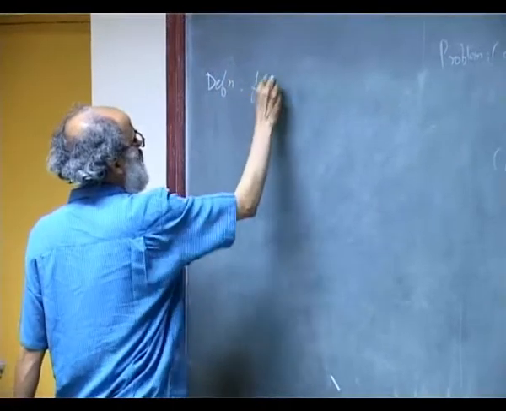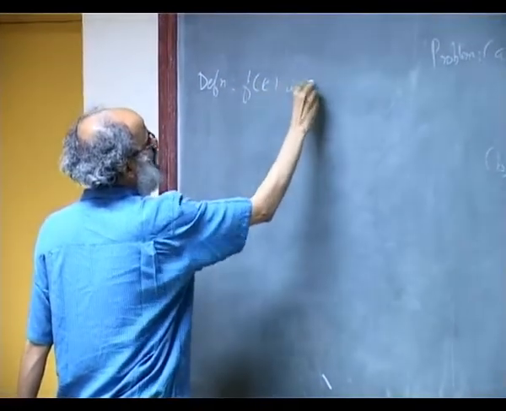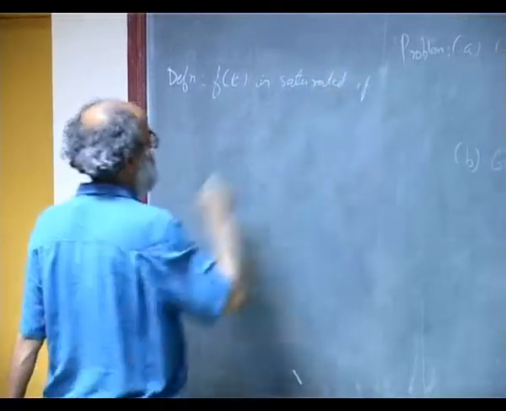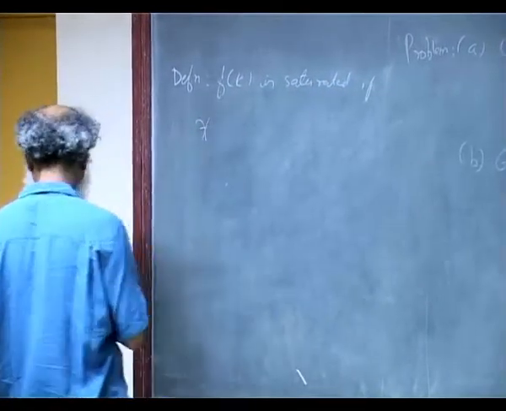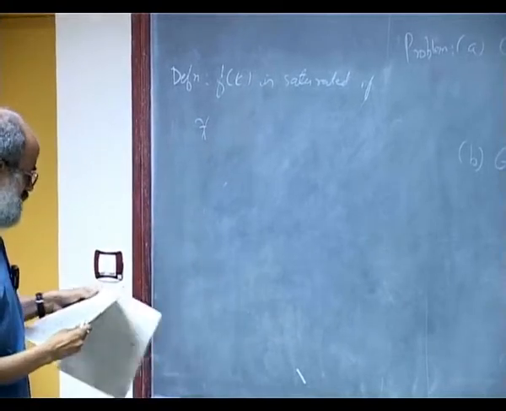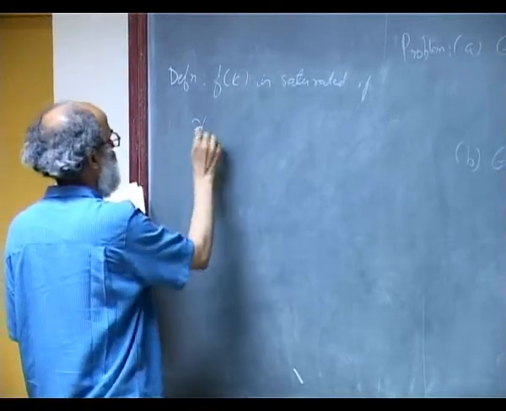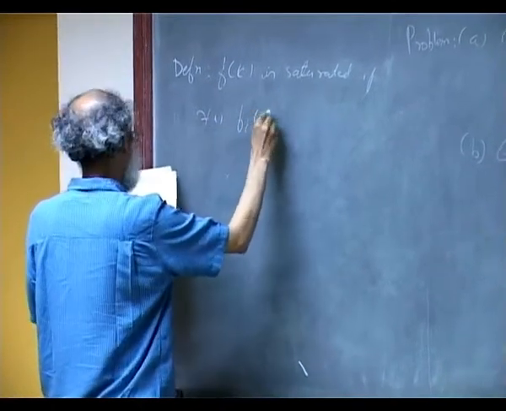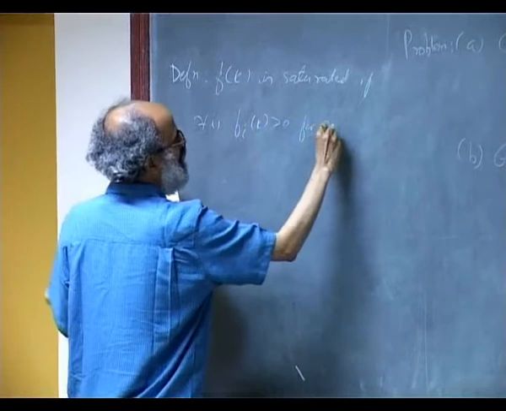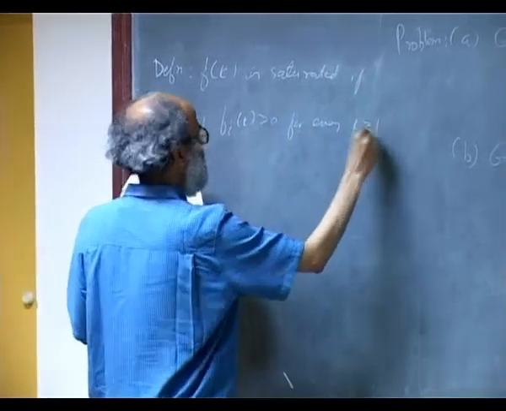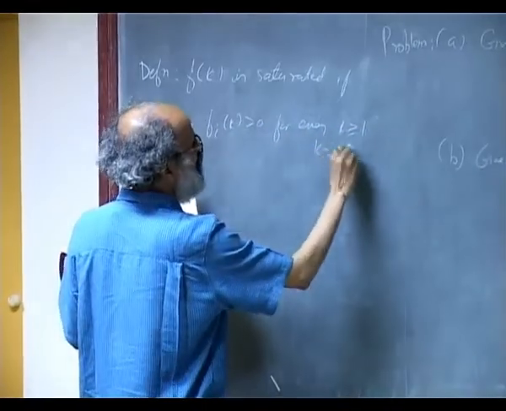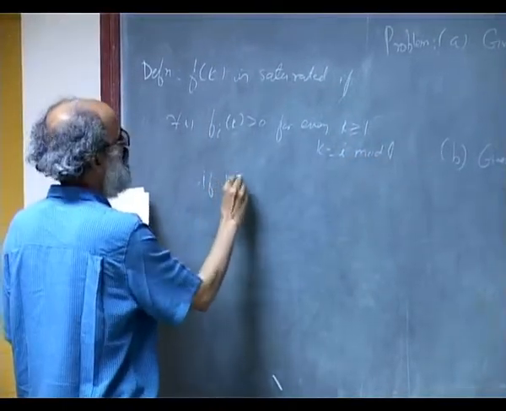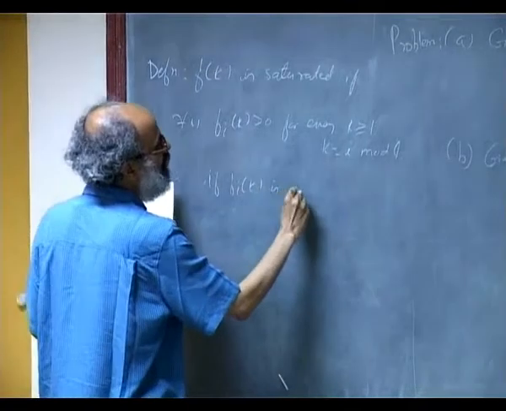We say that f_k is saturated if for all i, if f_i(k) is greater than 0 for every k greater than or equal to 1 such that k equals i mod L, if f_i(k) is not identically 0.